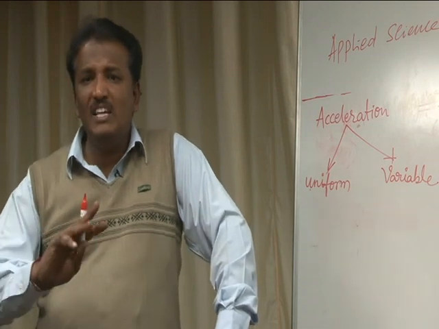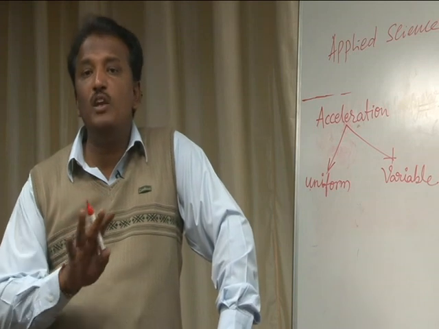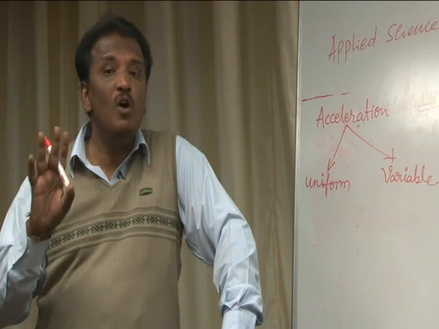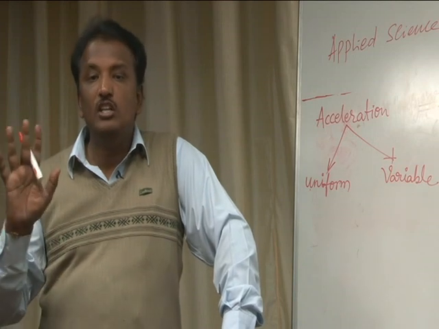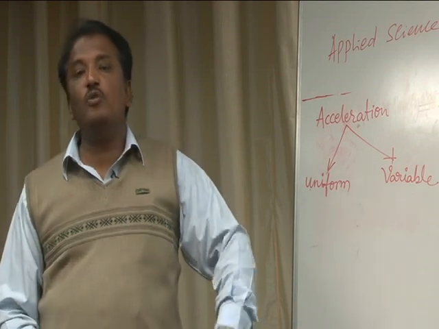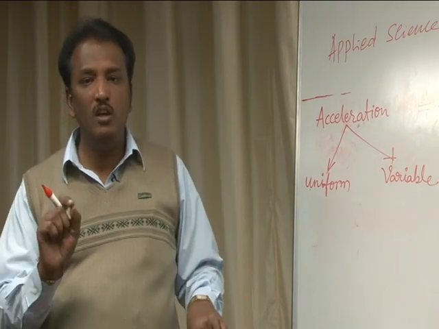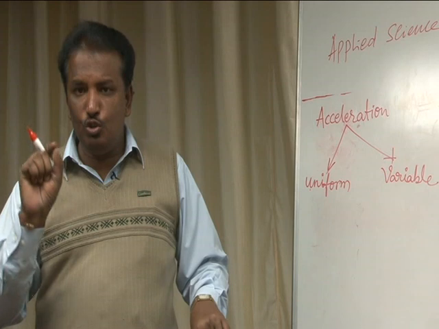I mean, change in velocity should be uniform, whatever the interval of time, whether it is a short interval or a large interval, we never bother. The change should be constant.